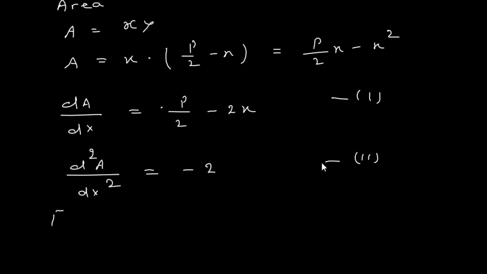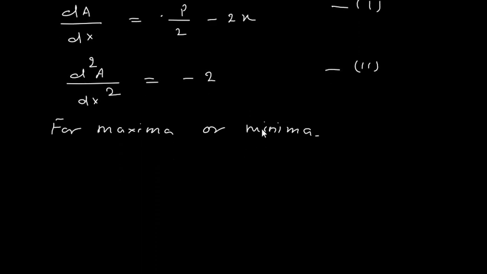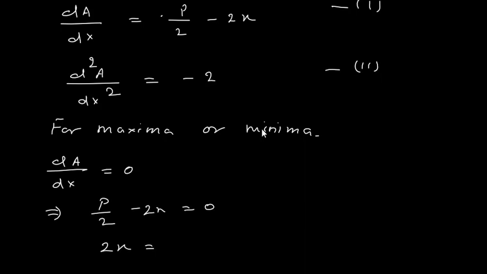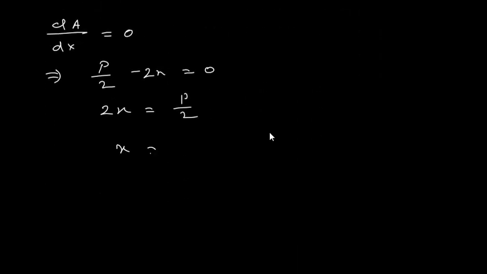So for maxima or minima, we have dA upon dx equal to 0. This gives us p divided by 2 minus 2x equal to 0. So from here we get 2x equal to p upon 2, and the value of x as p upon 4. You can consider this as equation 3.